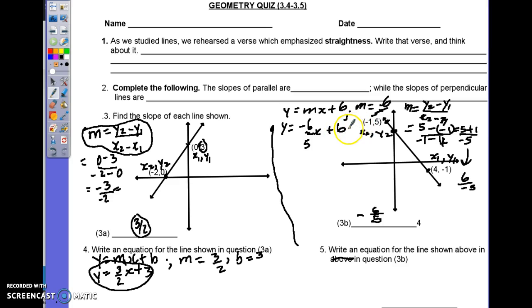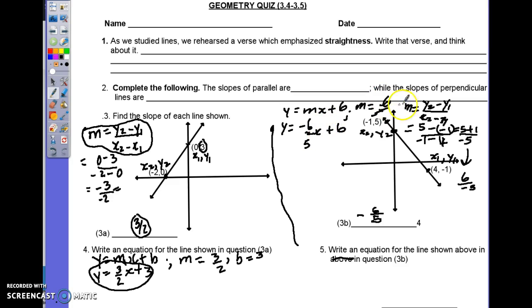Here's where we had some, I think, very lively discussion in class today. How do we find the b again? What will the b be? Well, it's passing through this point, -1, 5, and this point, 4, 1. So we can choose any one of them as being able to satisfy this line.